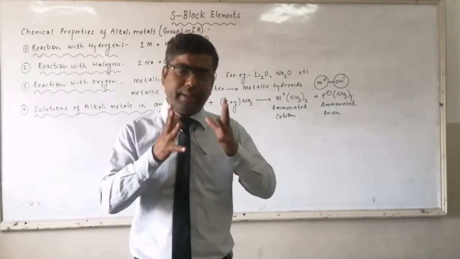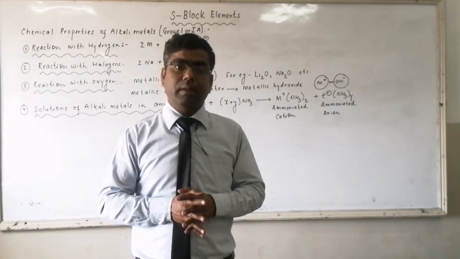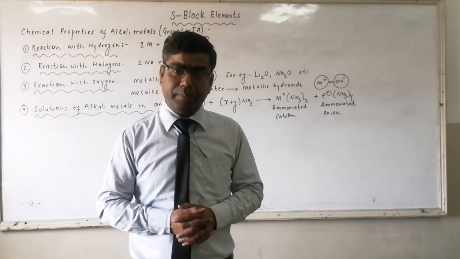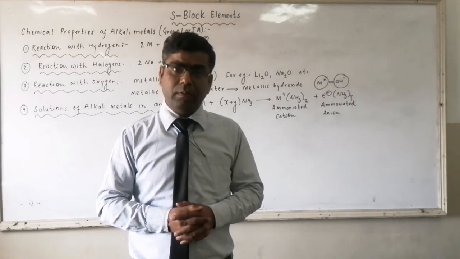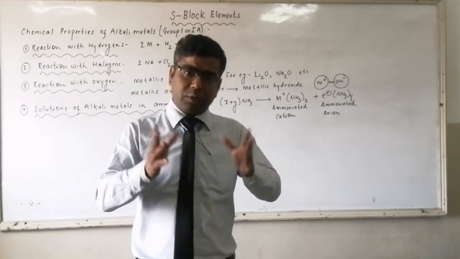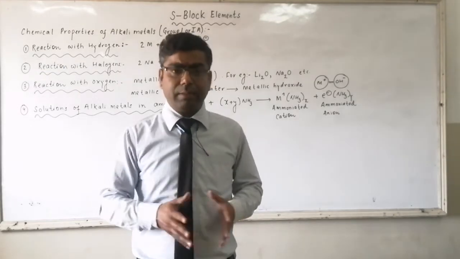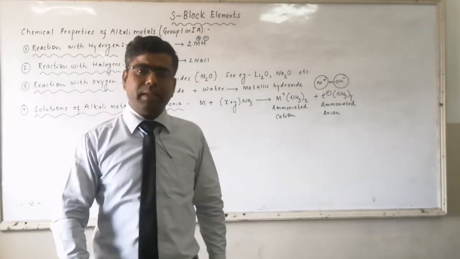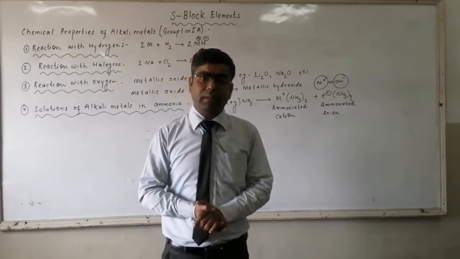They act as strong bases, and the strong bases formed are called alkali. As they form strong bases, alkali, they have got the name alkali metals. LiOH is not a strong base, but the rest are all strong bases.